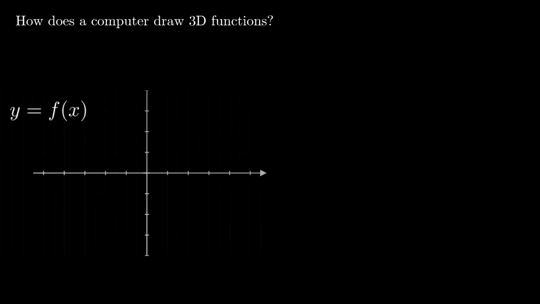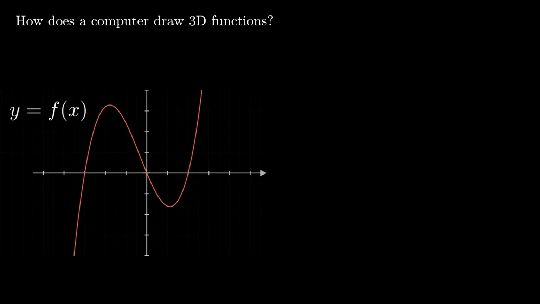For 2 dimensions, we have a function in the 2D plane. What the computer does is sample many different points in the x coordinate and simply evaluate the value of the function, or I mean the value of y, like this animation is showing right now.